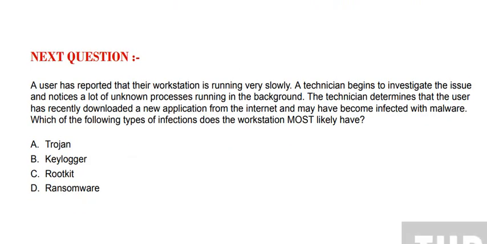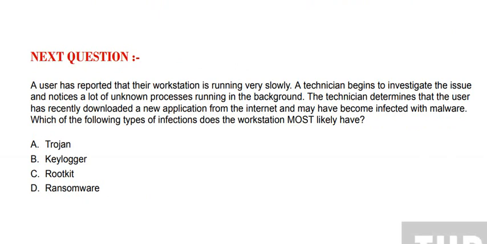Next question is, a user has reported that their workstation is running very slowly. A technician begins to investigate the issue and notices a lot of unknown processes running in the background. The technician determines that the user has recently downloaded a new application from the internet and may have become infected with malware.